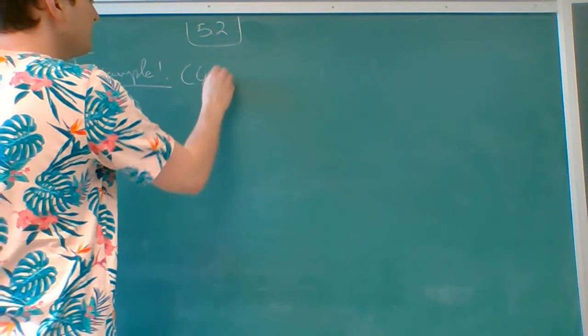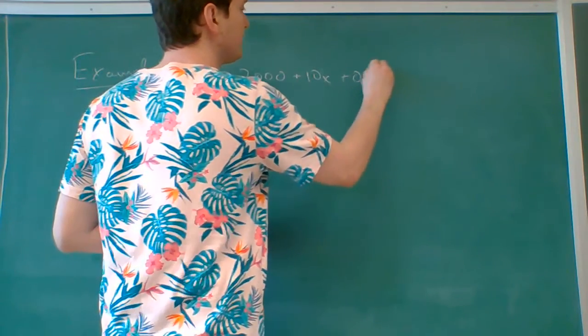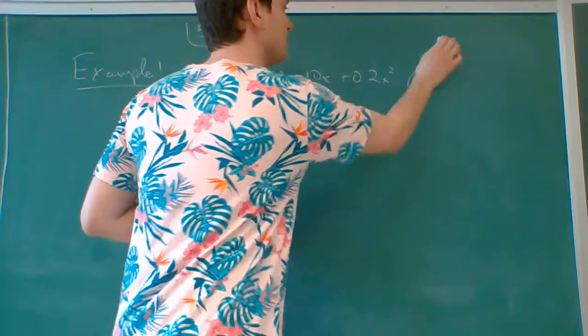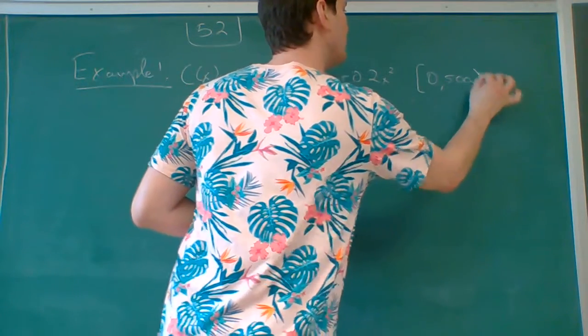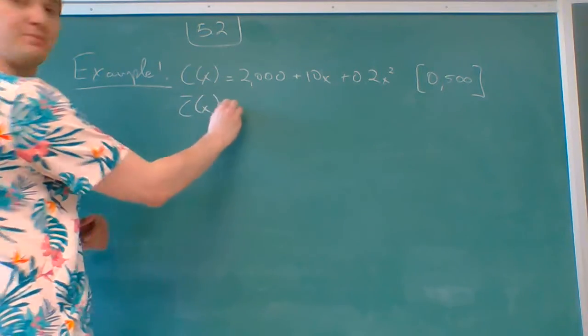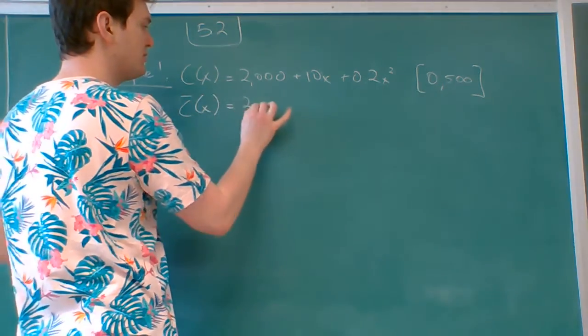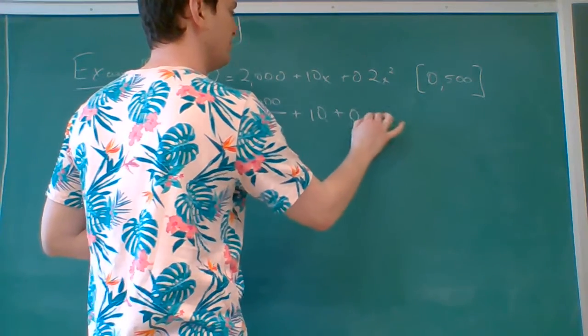So we've got C of x, 2,000, and we've got from 0 to 500. C bar is 2,000 over x plus 10 plus 0.2x.